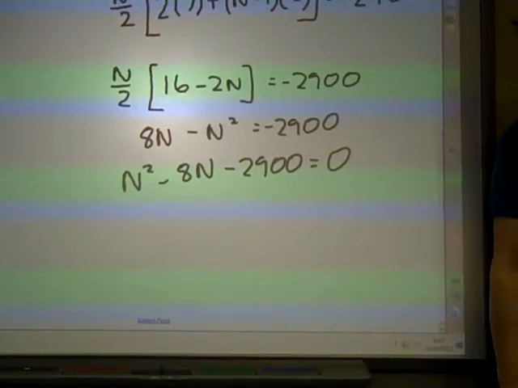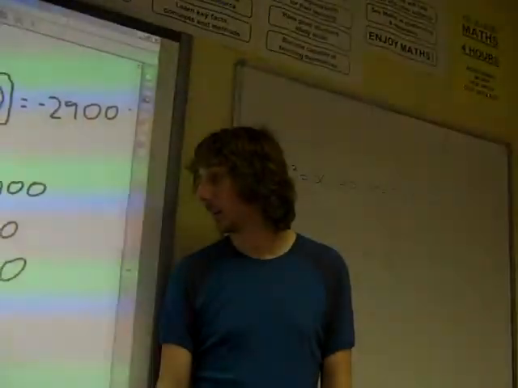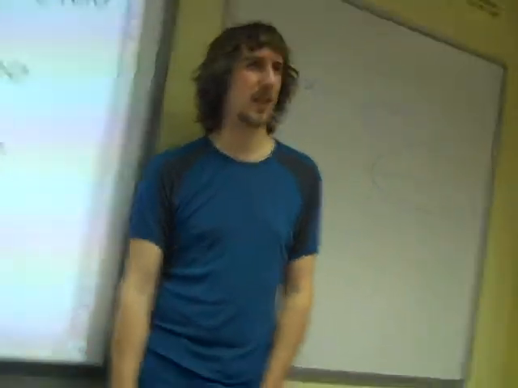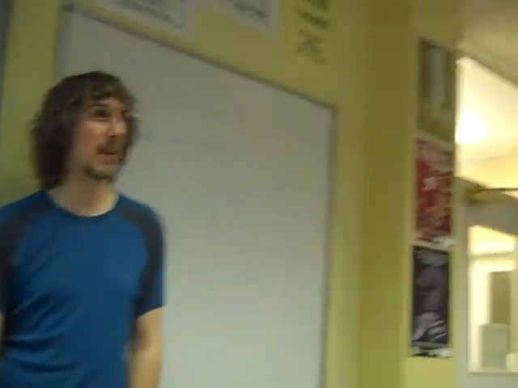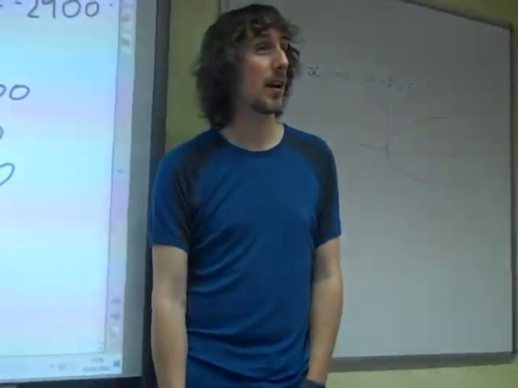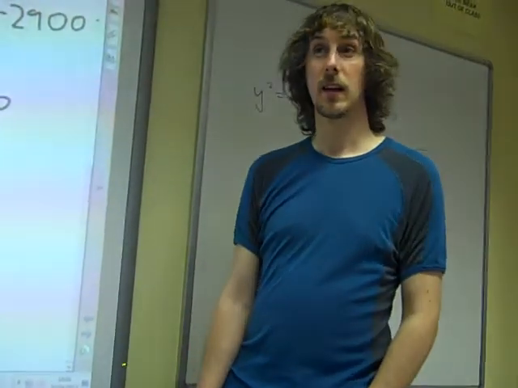We're faced with a few choices. Can we think of two things that multiply to give 2,900 and add to give minus 8? Go on, Darren. I've got what? 2 times 7 is 16. It is right. You just wrote it down.